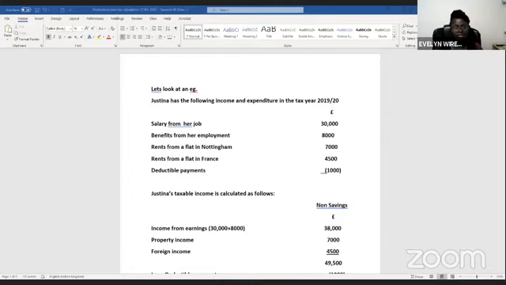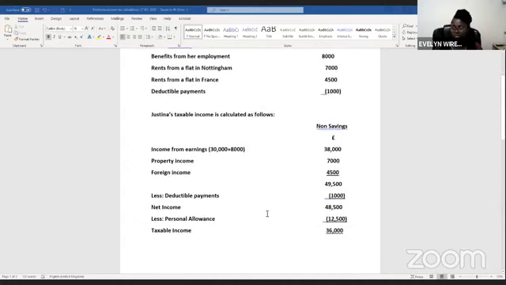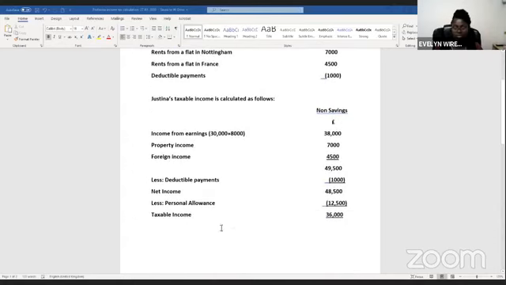After that, we take out her personal allowance of 12,500, and this gives us taxable income of 36,000. So you can see from the screen her taxable income is now 36,000. Now, after we've arrived at the taxable income, we're going to apply the tax rate.